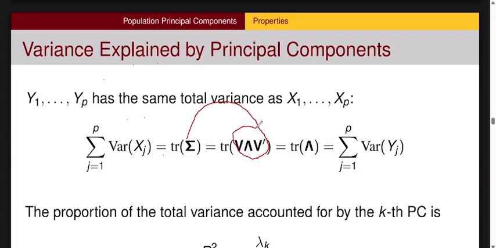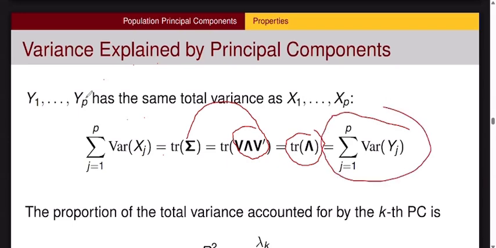So this is the same thing as the trace of that diagonal matrix that contains the eigenvalues, and it's also going to be equal to the variance of y. Now you can see the total variance of the old features is equal to the total variance of the new features that we call the principal components.